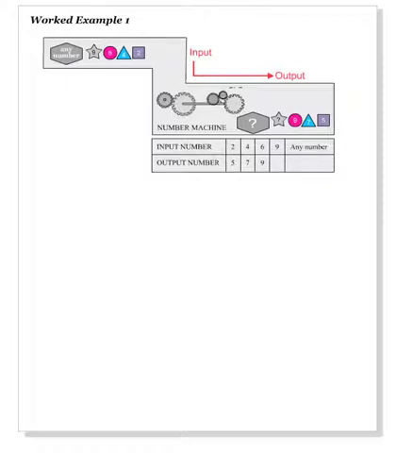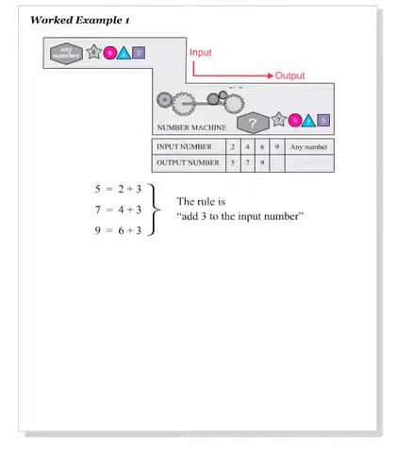How did our machine get these numbers? Well, we can see that 5 is 2 plus 3, 7 is 4 plus 3, and 9 is 6 plus 3. In other words, the rule is add 3 to the input number. That is what the machine does.